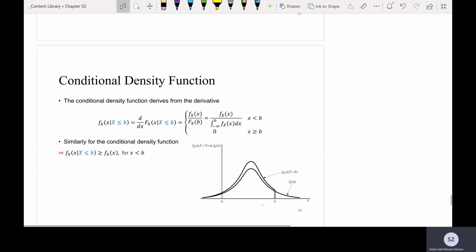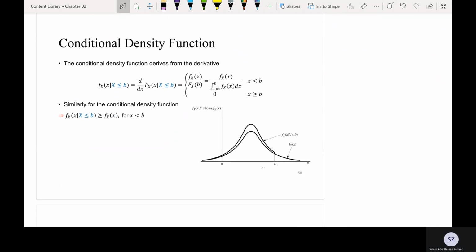Let's talk about the conditional density and then have an example. The conditional density is the derivative. So basically, we differentiate the conditional CDF. Now, the CDF can actually have two ranges, right? For X larger than b, the conditional CDF is equal to 1. If I differentiate 1, what do I get?